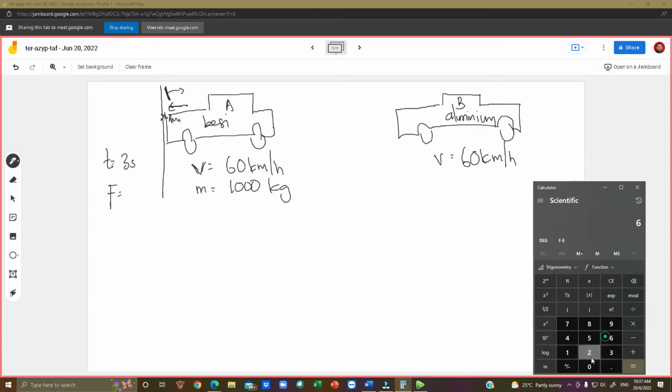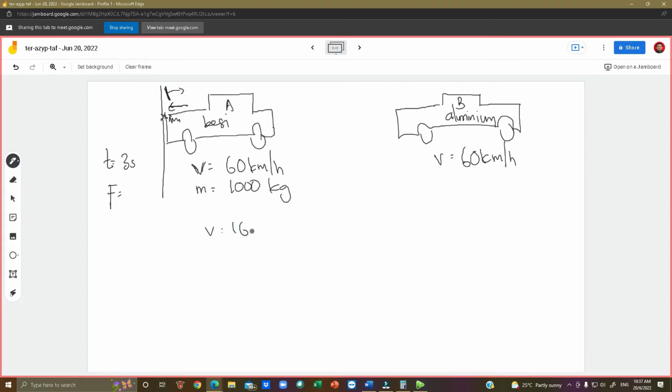1 jam 60 kali 60, 3600. And then 60,000 divided by 3600, we have 16.7. Okay, so velocity dia ialah 16.7 meter per second. Okay, now we try to find out force.